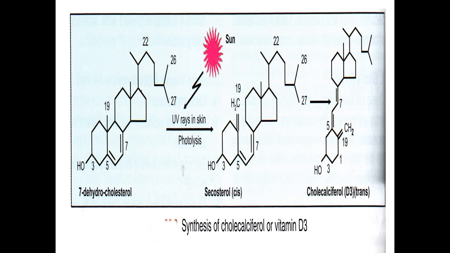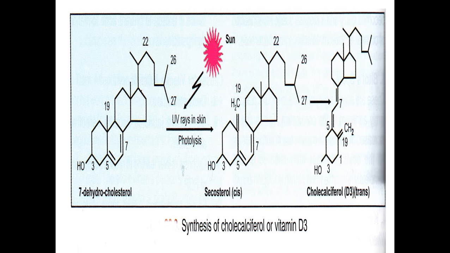Now see, this is the diagram showing the synthesis of cholecalciferol. Here you can see 7-dehydrocholesterol is a compound synthesized from cholesterol, and it is present in the adipose tissue beneath the skin.